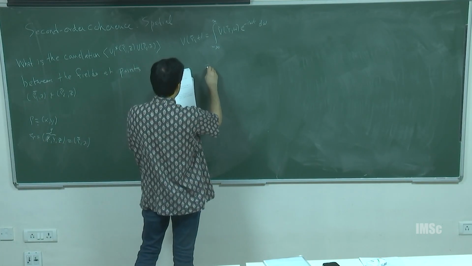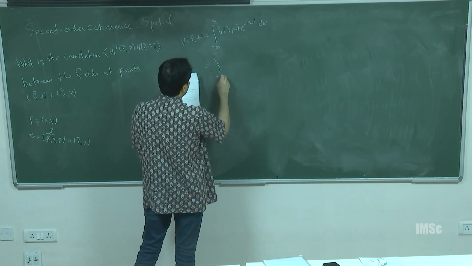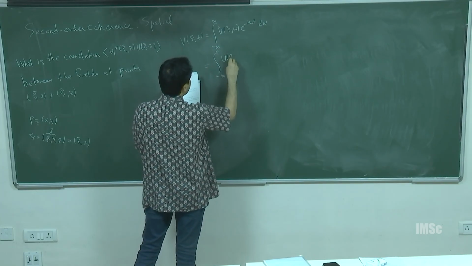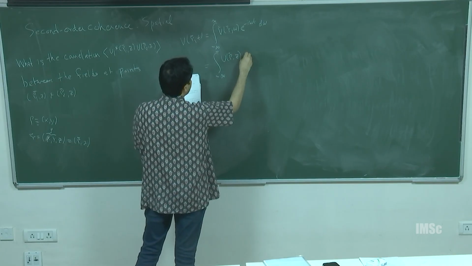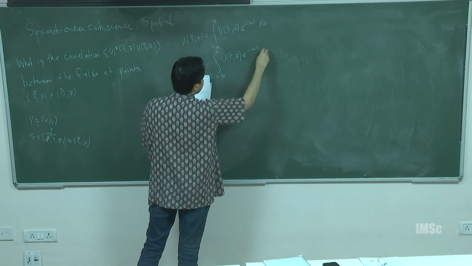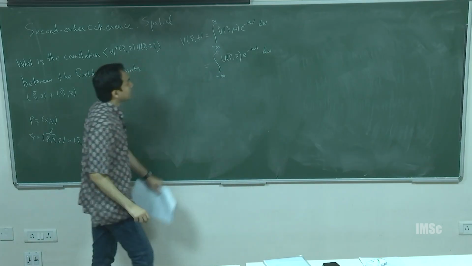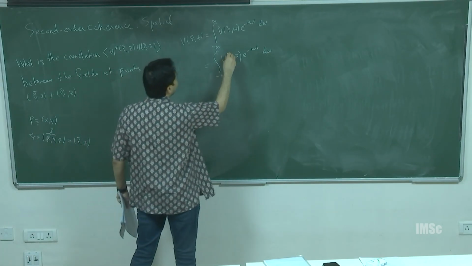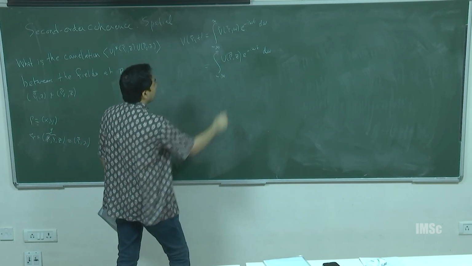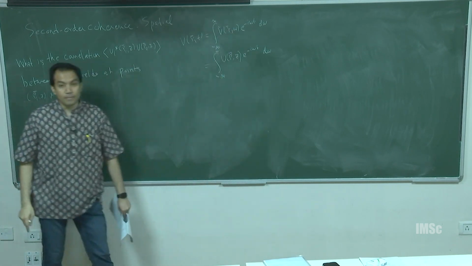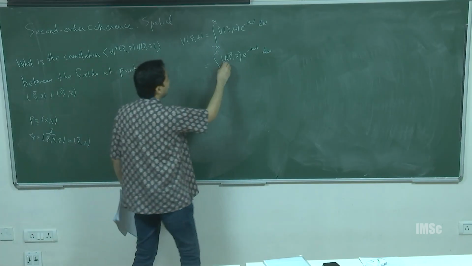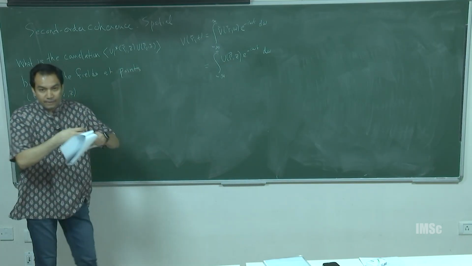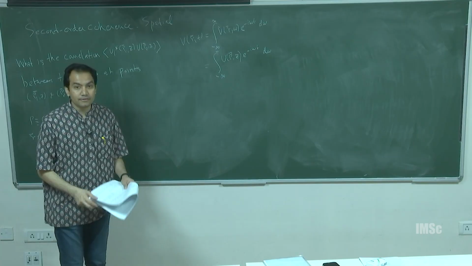So we'll write the same thing as, so once again, since we are only interested in spatial coherence, we have dropped the label omega because we are not interested in that one. We are interested in just how the field is correlated at different points in space.